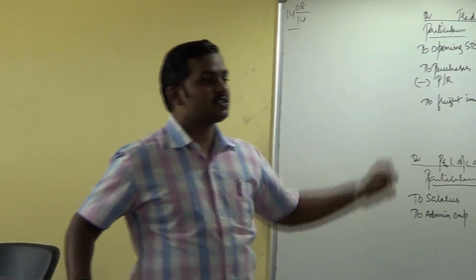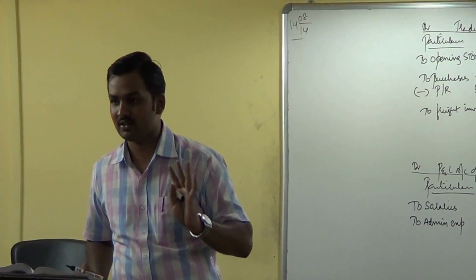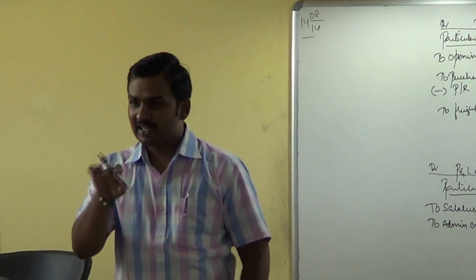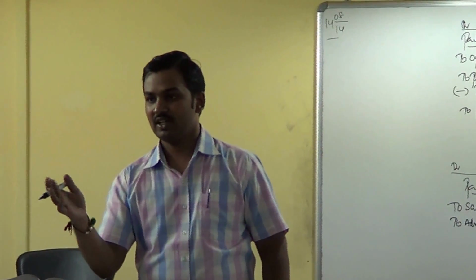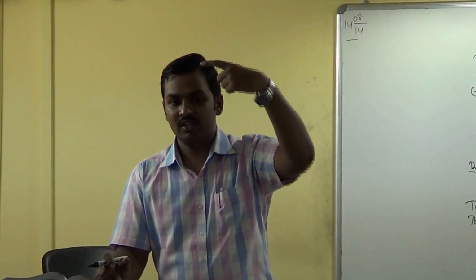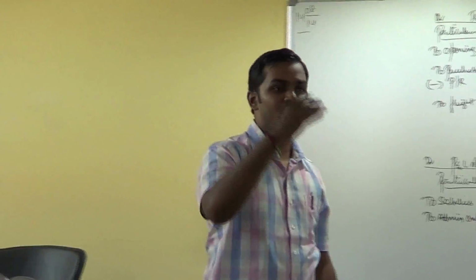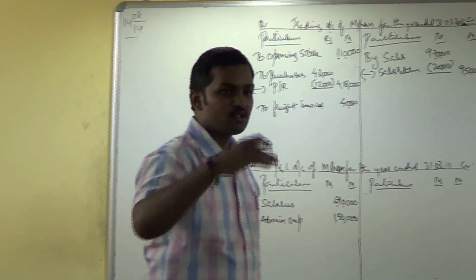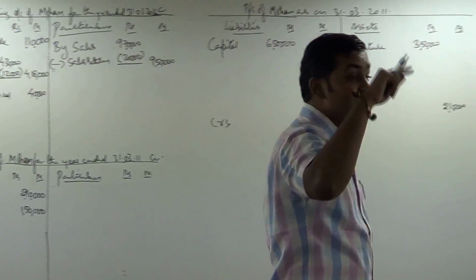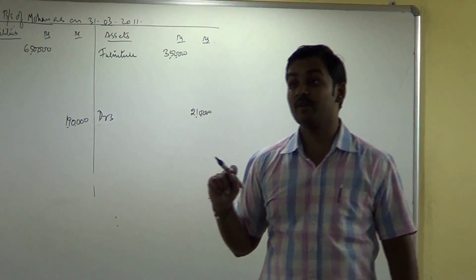Similarly, for closing sales returns, we pass an entry. Sales returns shows a debit balance. How will you close it? By writing the amount on the credit side. So we credit sales returns, we debit sales. What is the entry we pass?